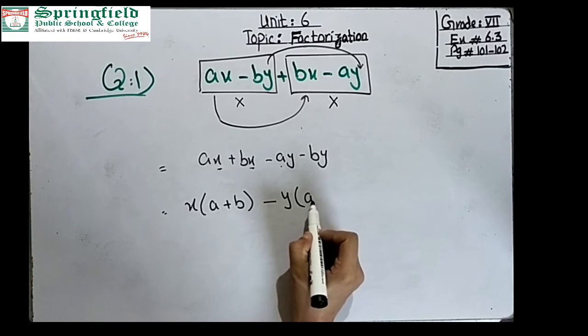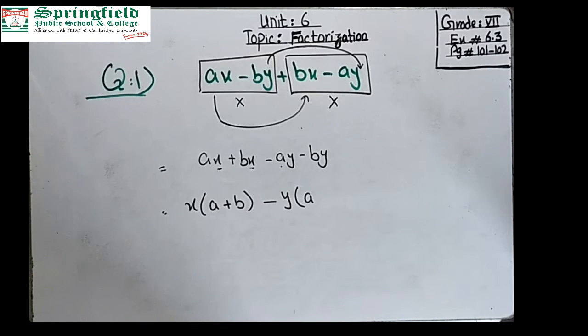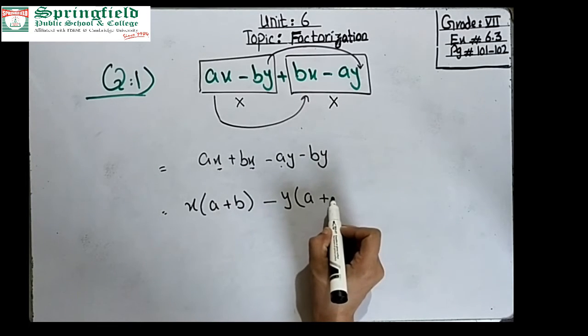So a, and we are using brackets. Beta, when we use the bracket, the sign inside the bracket will change. The plus sign will become minus and the minus sign will become plus. So here minus will become plus b.